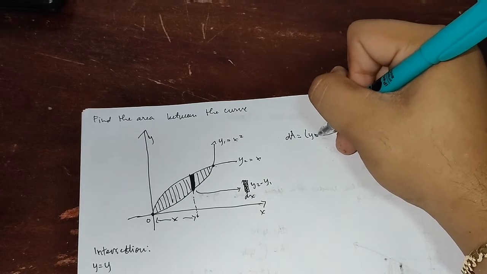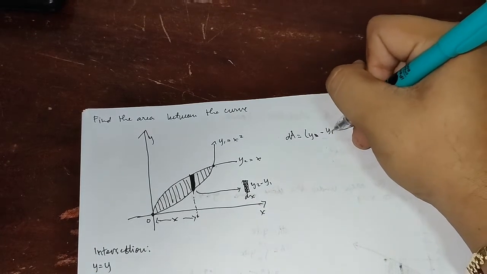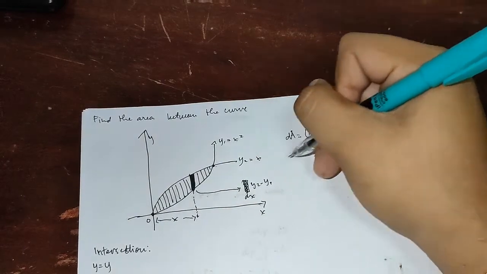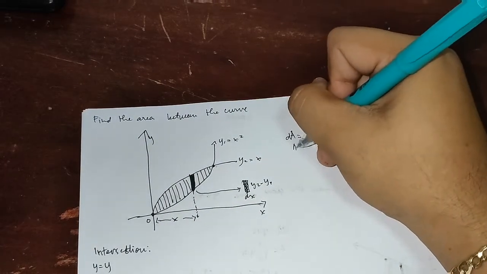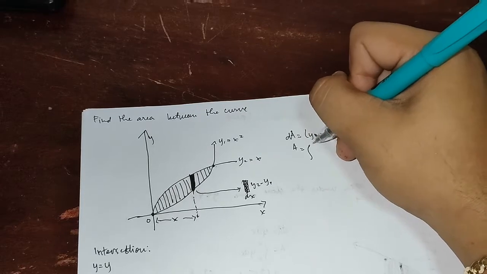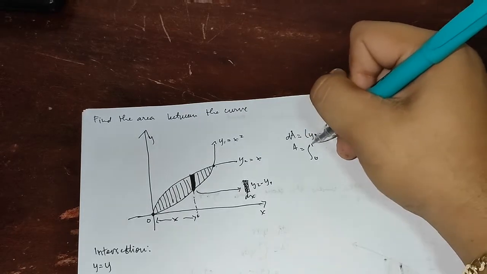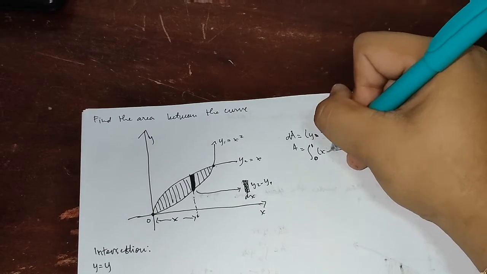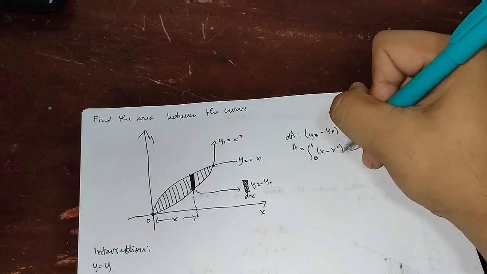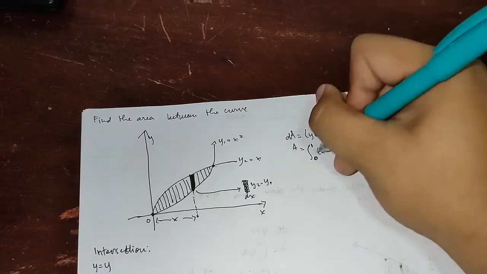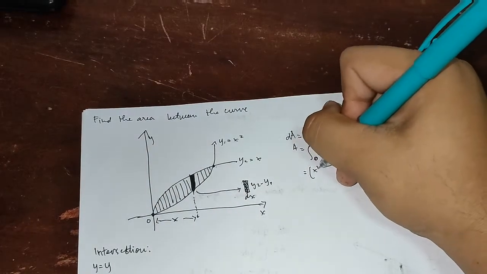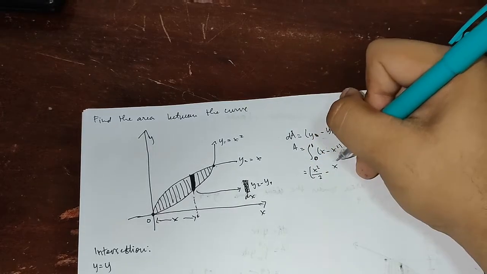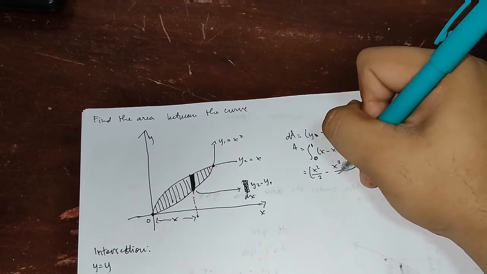YL minus YB dx. Our limit here is 1 and 0. So the integral of x minus x squared dx equals x squared over 2 minus x cubed over 3.